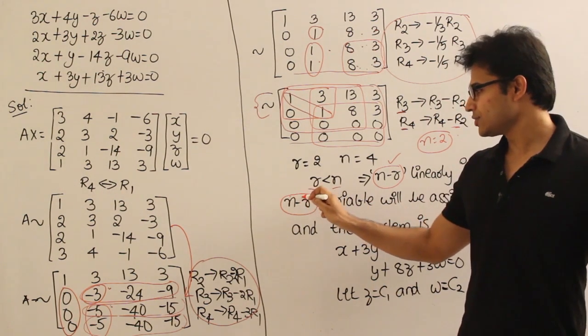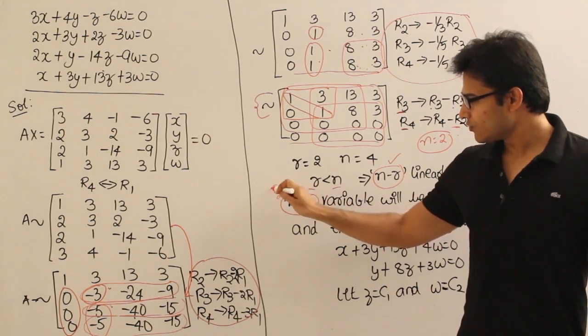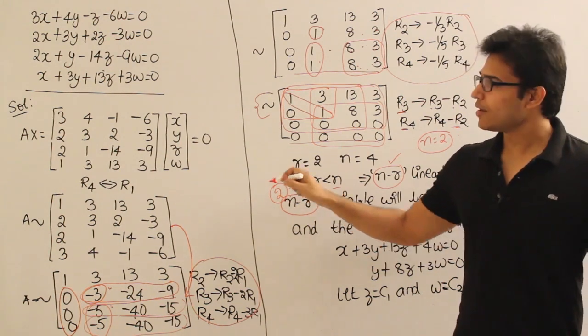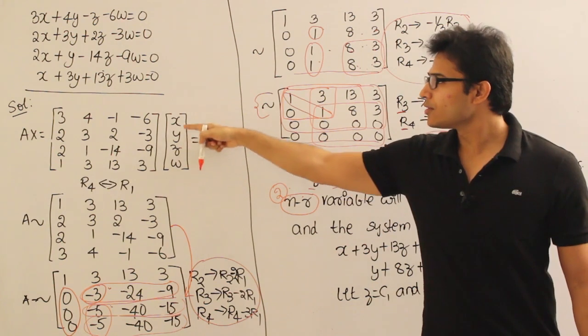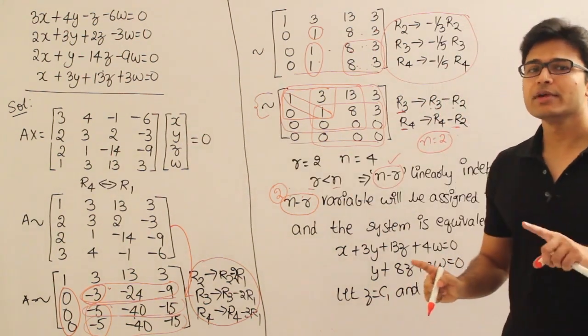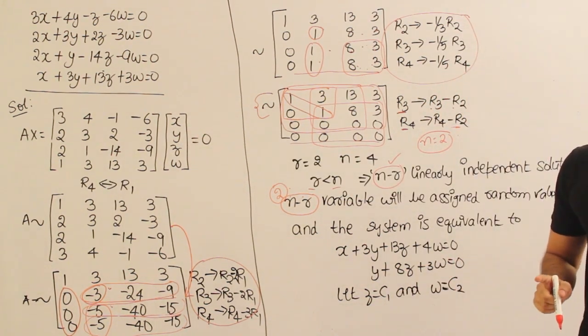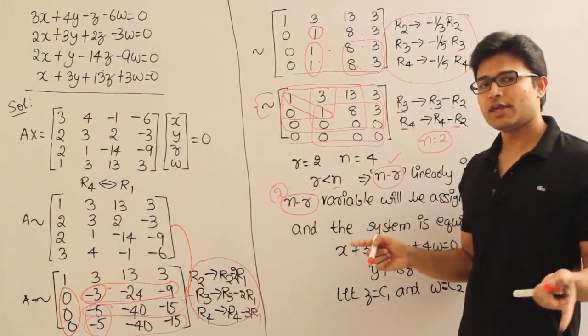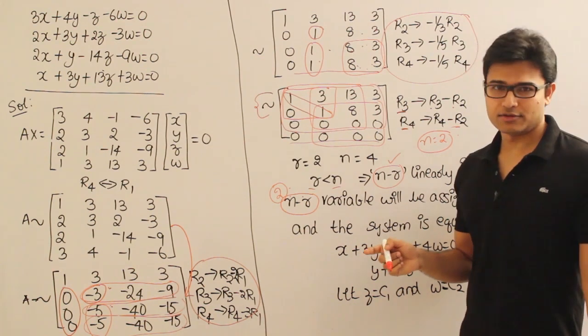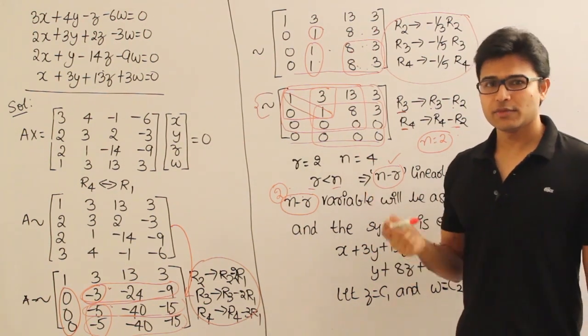N is 4, r is 2, n minus r is 2. Therefore 2 variables among these 4 variables x, y, z, w will be assigned some random values, and after assigning them, we'll find the other values in terms of these random values. That will form the general solution.